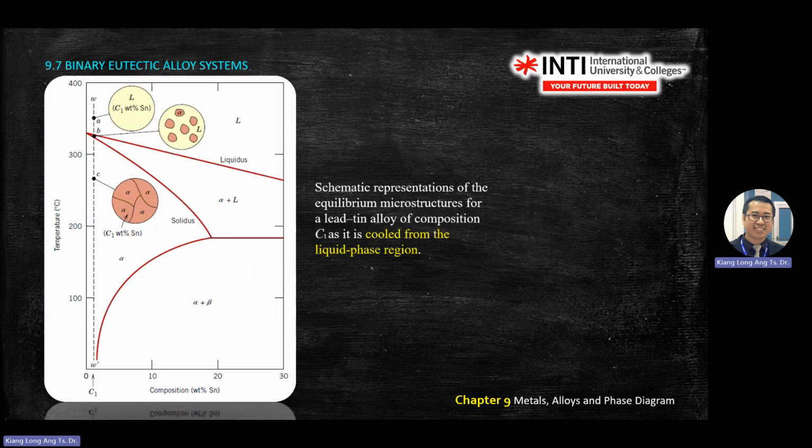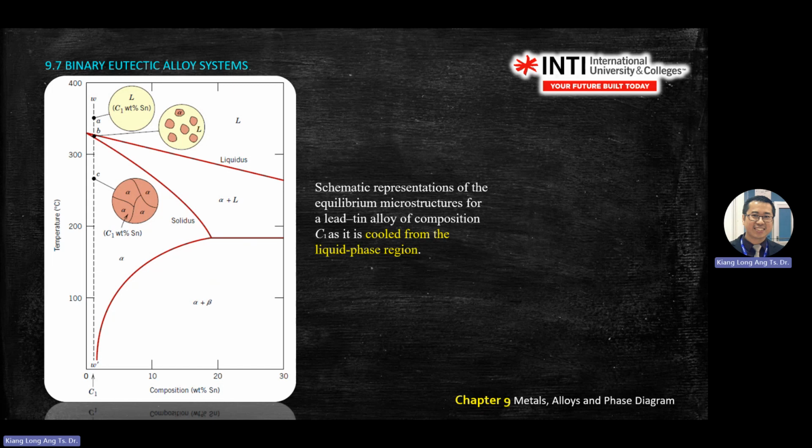Here, you only see liquid, for example this region is liquid. At point A, you just write L, and how many percent of that particular component. Because it's C1, you just copy this number, C1 weight percent Sn, because this is a Sn graph.